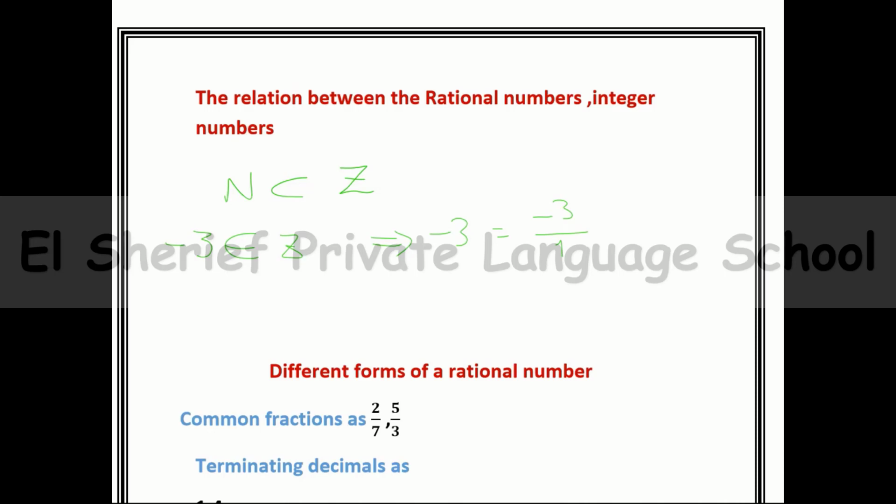So I can write it in the form of a over b, and b doesn't equal 0. So negative 3 belongs to the rational numbers.